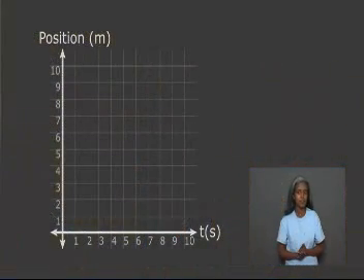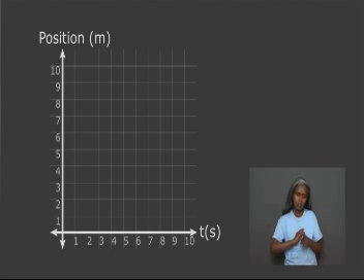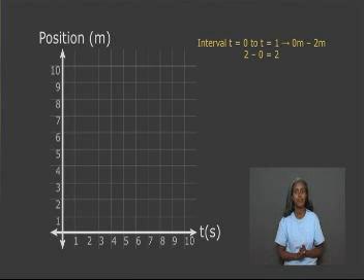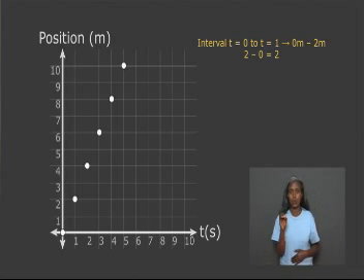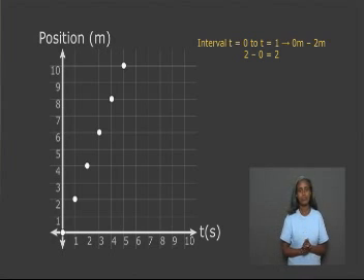Hello, students. Here is what your position time graph should look like. Since the graph is a straight line, we can determine its gradient by comparing two successive points. The interval from 0 to 1 has a distance of 2. 2 minus 0 equals 2.